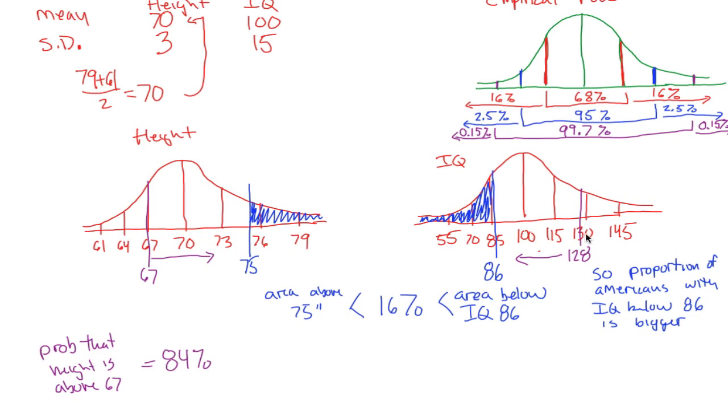But if you look over here, the amount of people with an IQ less than Abraham Lincoln, well, let's see, 84% would be the amount below 115 using that same logic. And 128 is above 115, so this area is bigger. So what that's saying is this is less than the probability that IQ is less than 128.